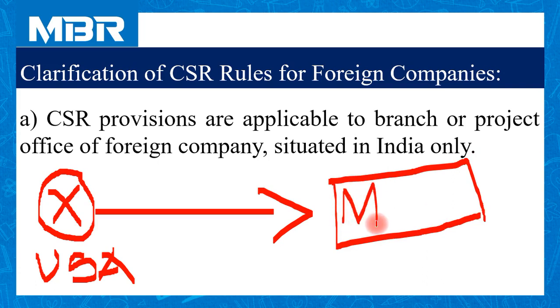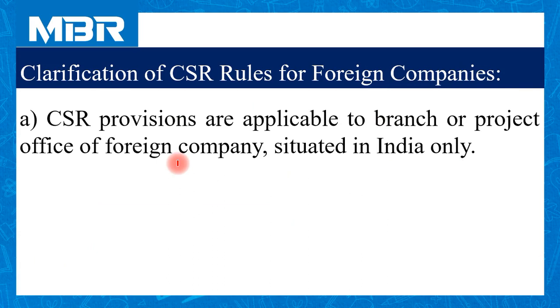So at the time of calculation of profit for CSR, we need not consider the profit of company X. We need to consider the profit earned by the Indian branch or Indian project. So here we need to calculate the profit from the Mumbai project or Mumbai branch. So the CSR provisions are applicable to branch or project office of a foreign company situated in India only.